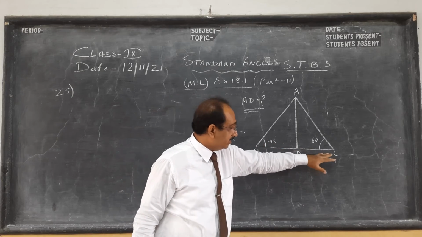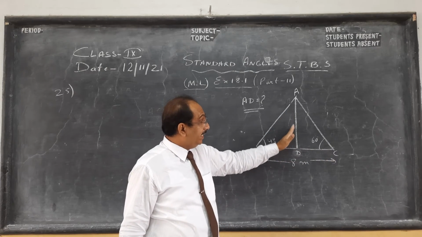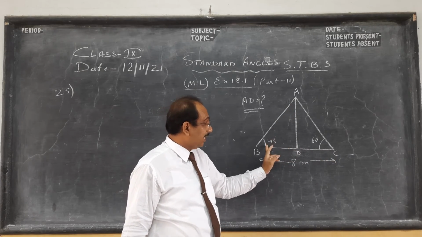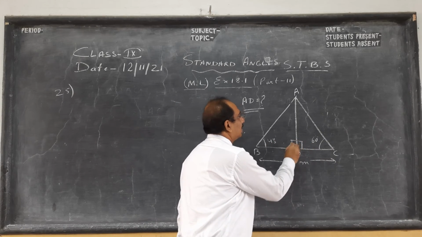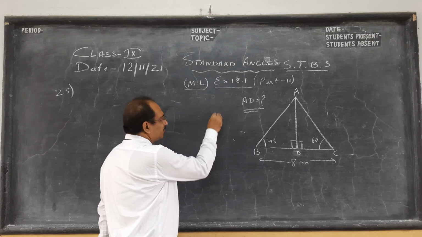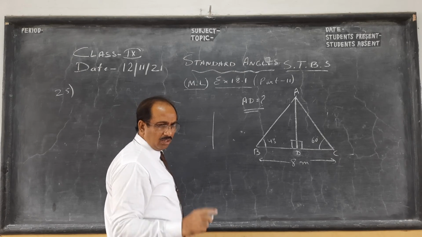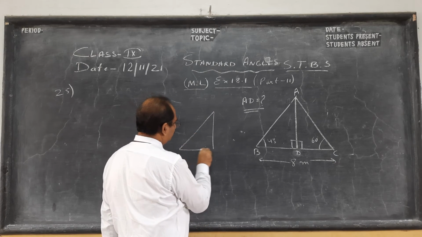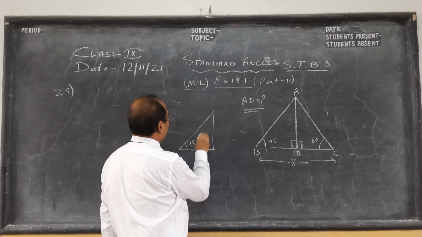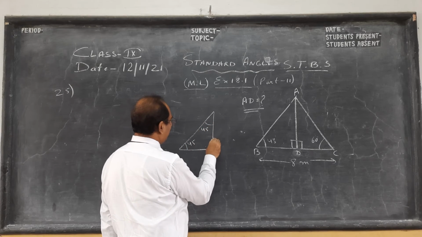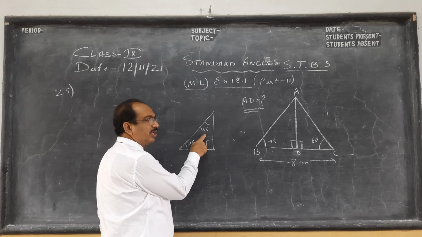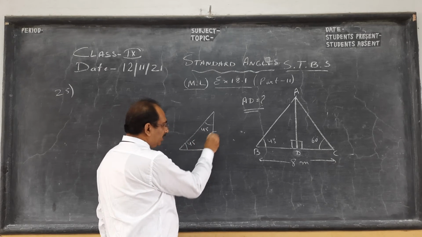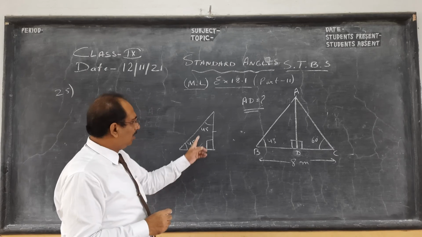Now see here, a very good question. We have to find AD. This we don't know. This angle is 45, this is 60. Something very important I'll teach you, children. Remember, when one angle is 45, and this is 90, the third angle will also be 45. That means it becomes an isosceles triangle.